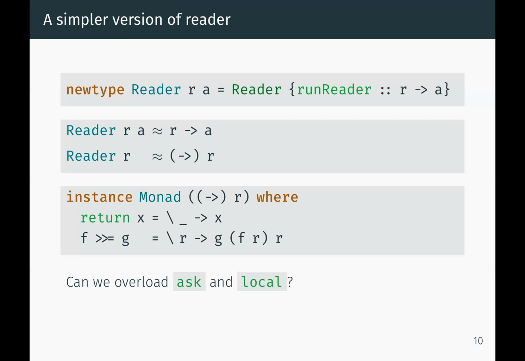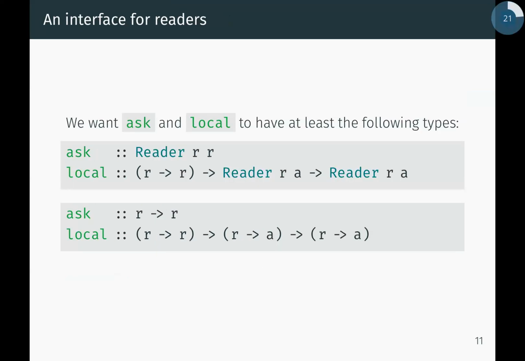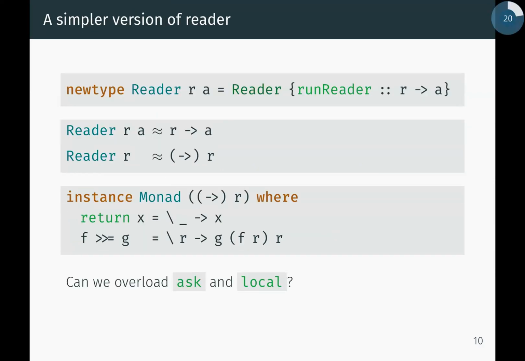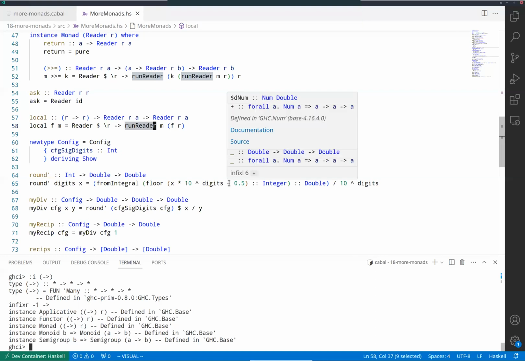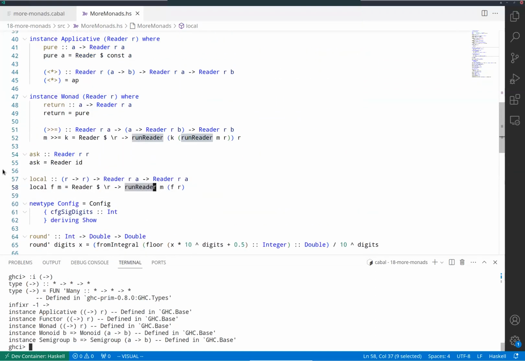Now, of course, the question is, do we also have ask and local? The idea is that this reader monad and this function arrow monad are very similar. The only difference is this newtype wrapper and unwrapper, but they behave the same, and intuitively they do the same thing. So we should also be able to implement something like ask and local. Here's ask and local for reader.